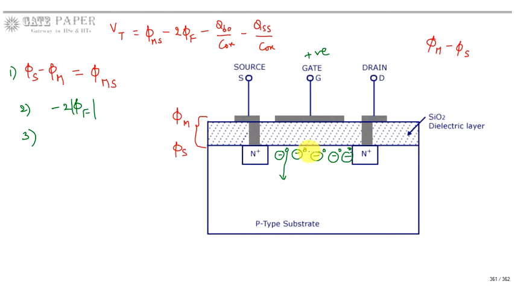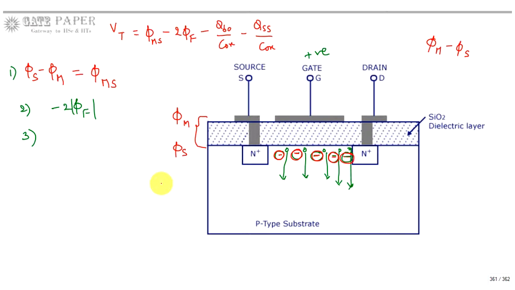So holes come down. Whenever holes come down, previously it was neutral material, and now it will turn towards a negative ion. So there is a negative ion present in this portion. So whenever you apply positive voltage, it gives rise to negative ions being placed in the channel region.